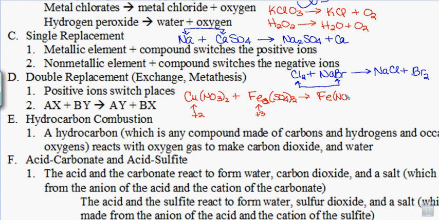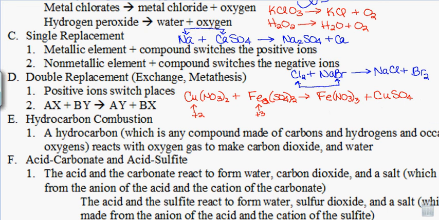So since iron was +3, we're going to need 3 -1 nitrates. Sulfate will get to join copper, since copper is now free and available, since it's left the nitrate ions. Again, copper was +2, has to stay +2. Sulfate is -2, it's got to be -2. So your double replacement reactions are going to look like that.